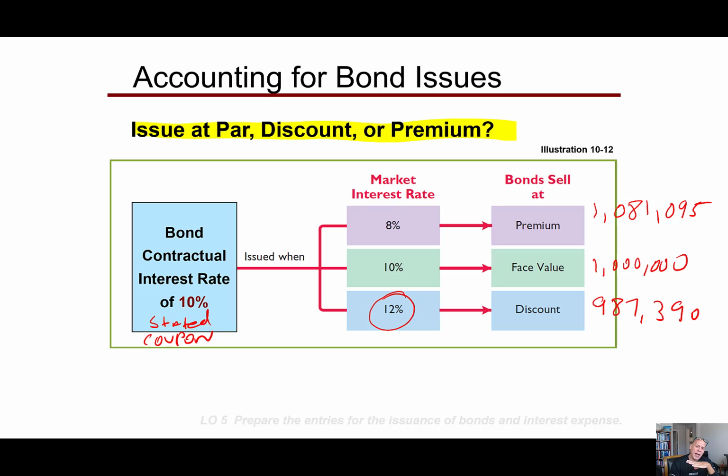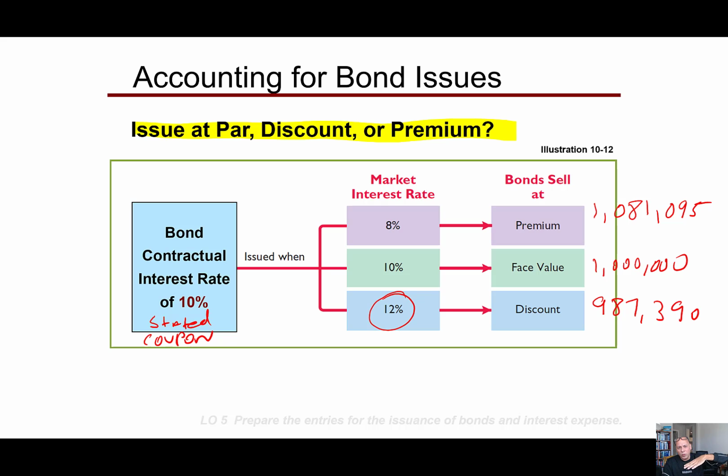Well, what happens, just using the law of supply and demand, when there's a better deal out there, is you have to lower the price of your product, in this case, the bond. So we lower the price. We say, since our bond only pays 10 and you want a bond that pays 12, we'll discount the bond.